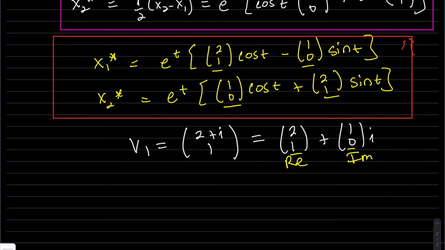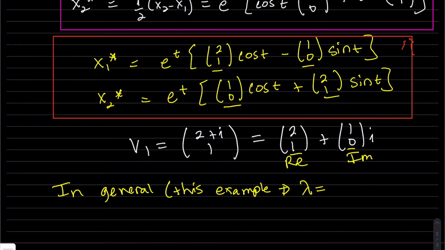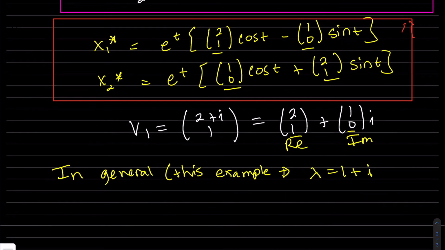So in general, this example, where my lambda equals 1 plus i, we'll call that alpha is 1, beta is 1.